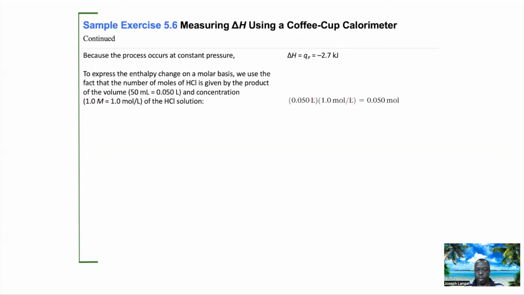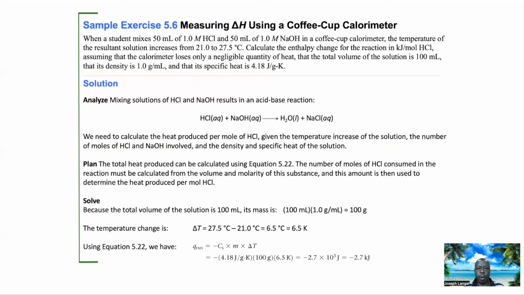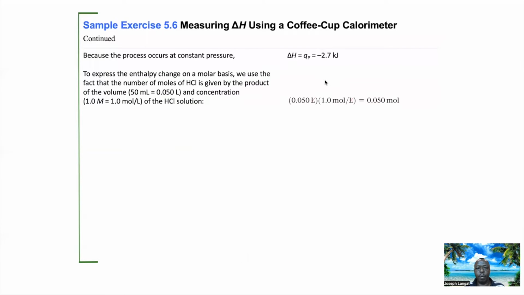Now, if you recall from the question, we are asked to calculate the reaction per mole of what? Per mole of HCl, which means we need to find the number of moles.